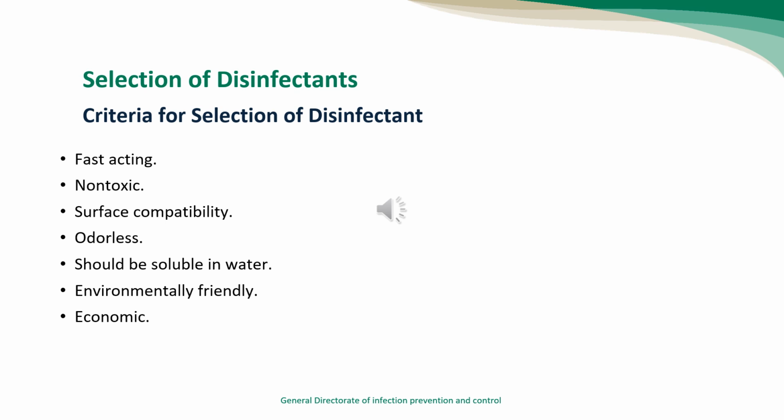It should be non-toxic either for the healthcare worker who disinfects or for others who use the area or the clinic. It should have surface compatibility and be odorless, soluble in water, environmentally friendly, and finally it should be economic.